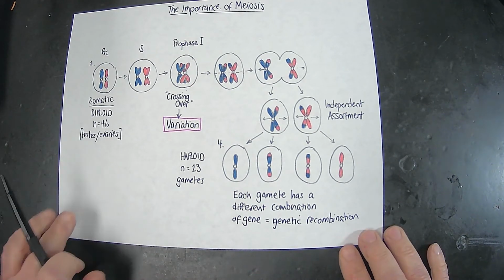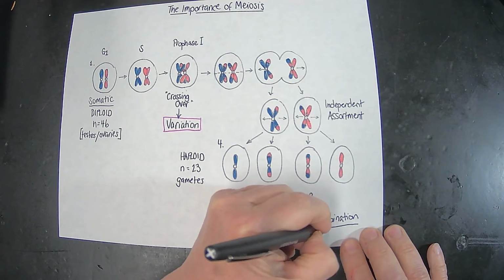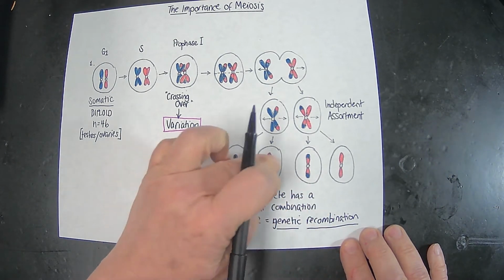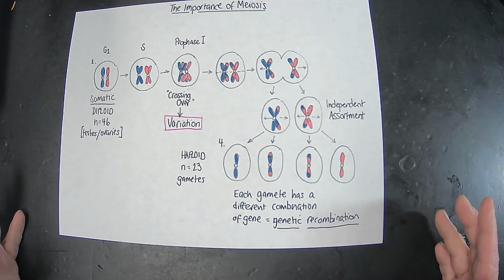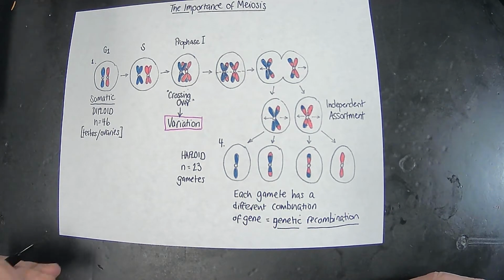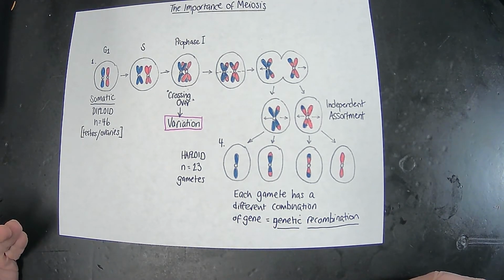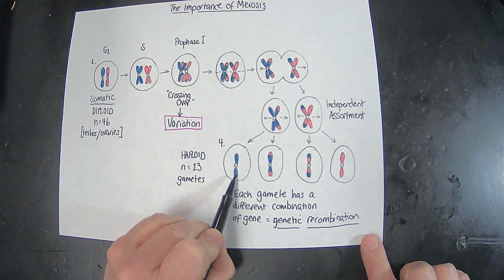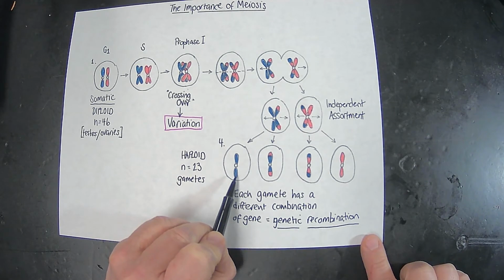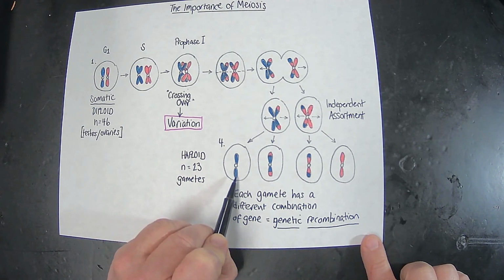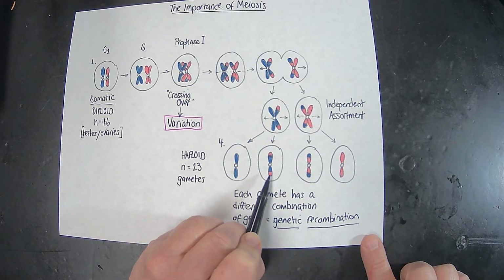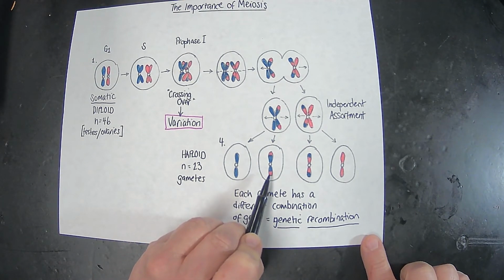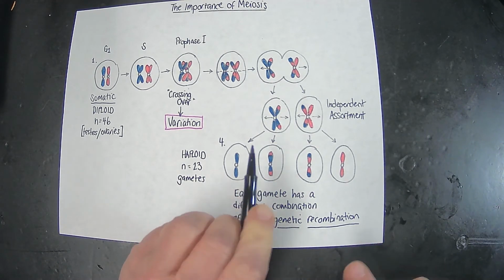Okay? That's really important because, like I said, these are gametes. And gametes have one job. A sperm cell's one job is to swim and find an egg cell and fertilize it. So if this is the lucky sperm cell that does it, you're going to end up with one set of DNA, set of characteristics. If this is the sperm cell that gets to the egg, you're going to end up with a slightly different combination.